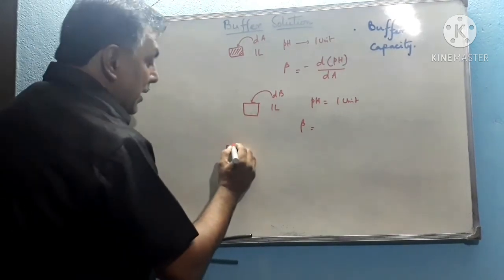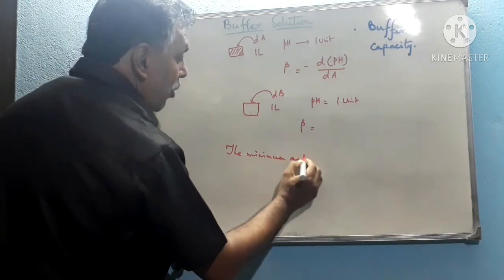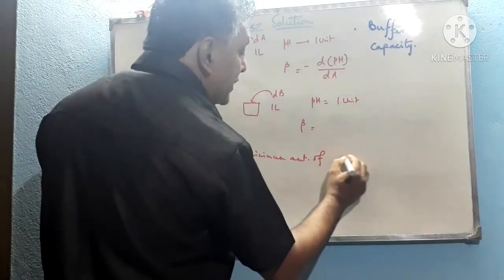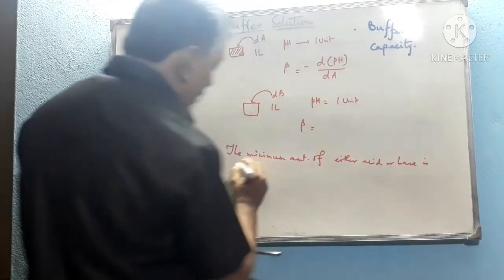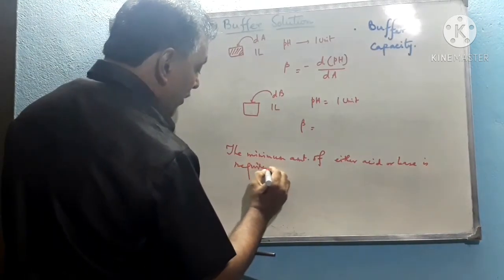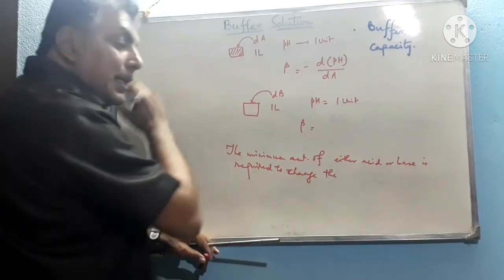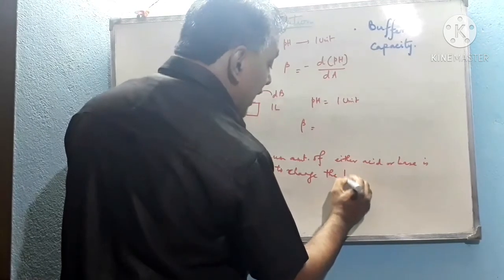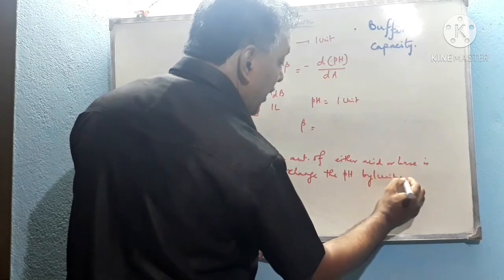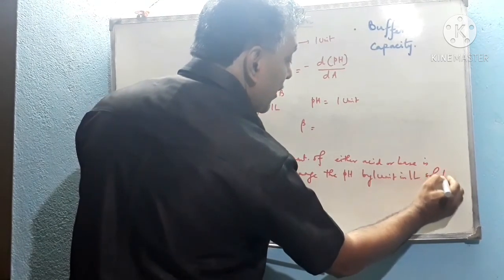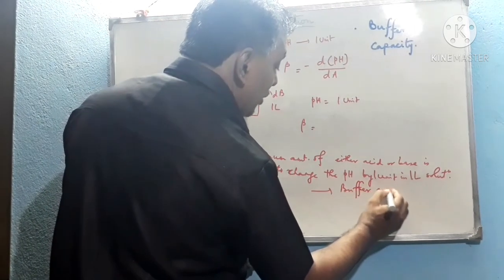So the definition is: the minimum amount of either acid or base required to change the pH, in case of acid it decreases, in case of base it increases, by 1 unit in 1 liter solution is called the buffer capacity of that solution.